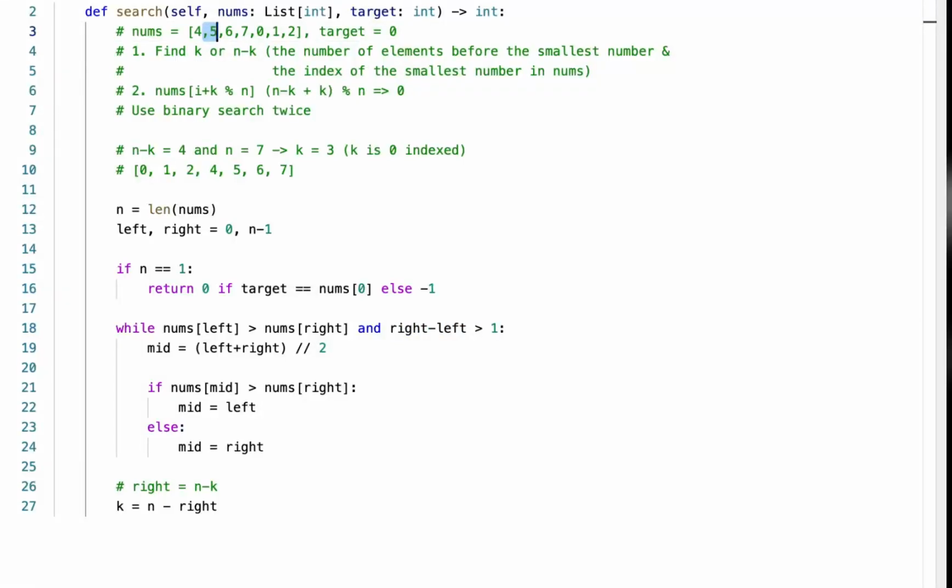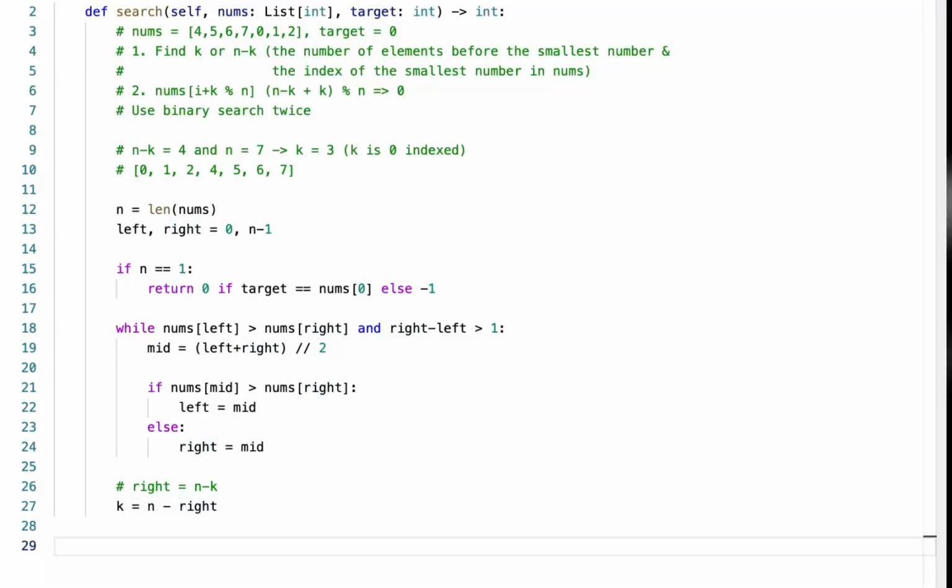We divide by 2, we get the middle, and we see if this one is strictly superior to this one, in which case left is equal to mid, the index of that, and right is equal to mid. And once we've found this one, we can do k is equal to n minus right.